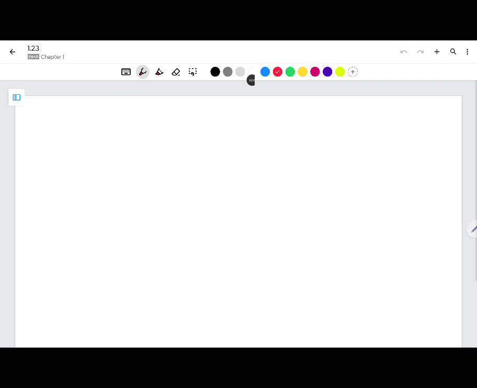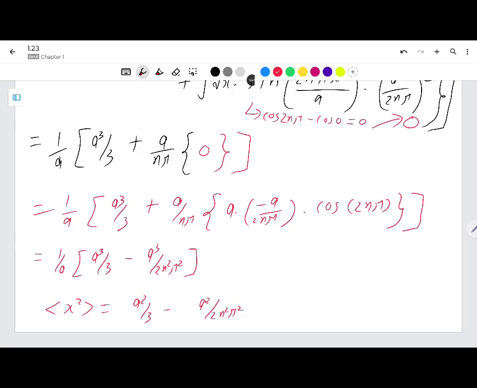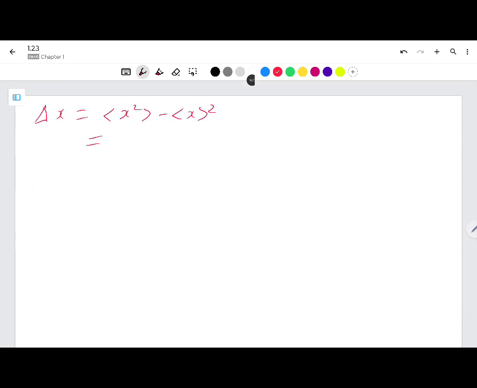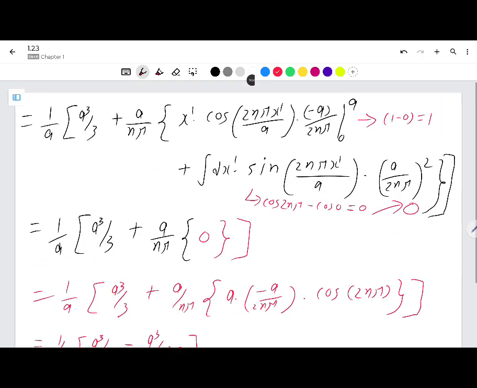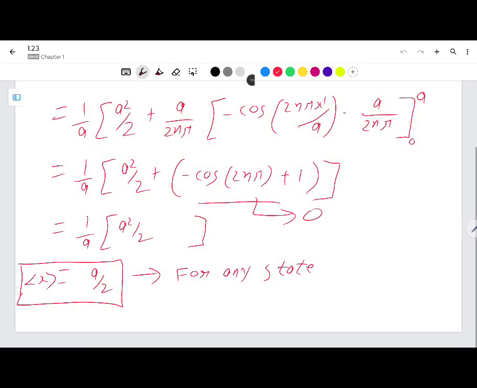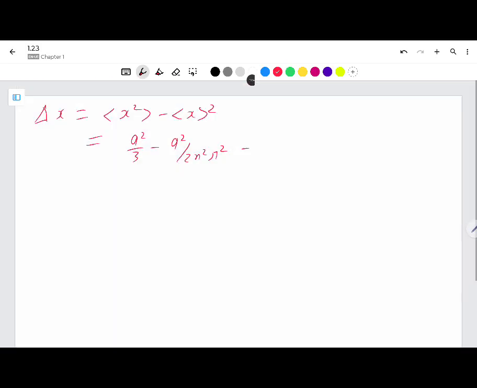So the variance in x is the average of x squared minus the average of x, whole squared. So we can write it as a squared by 3 minus a squared by 2n squared pi squared, minus a squared by 4.